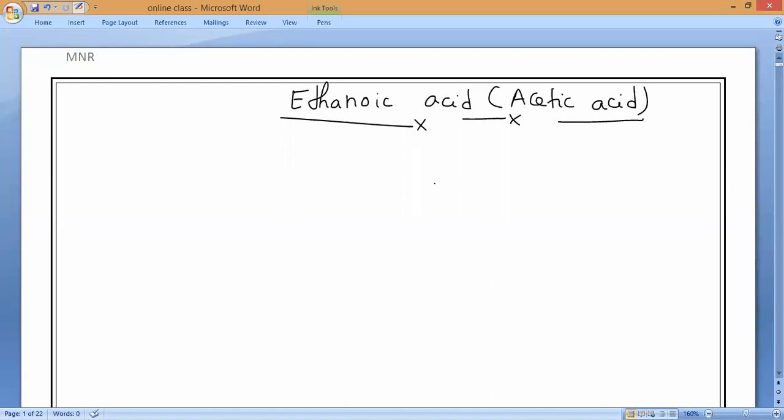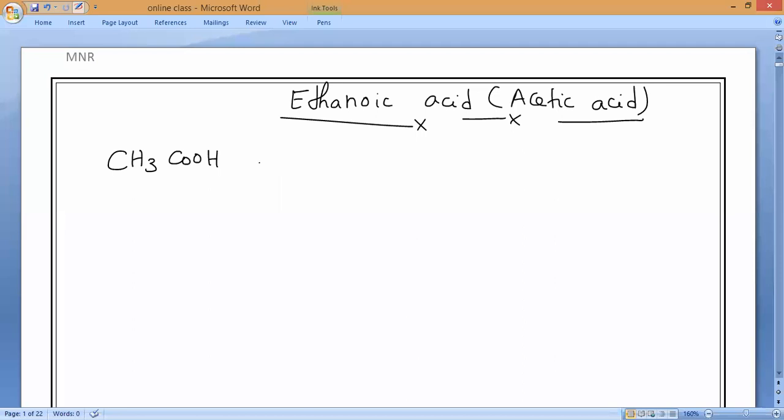Now, first, if we take ethanoic acid or acetic acid, what is the chemical formula of this one, everybody? CH3COOH is the chemical formula of ethanoic acid.